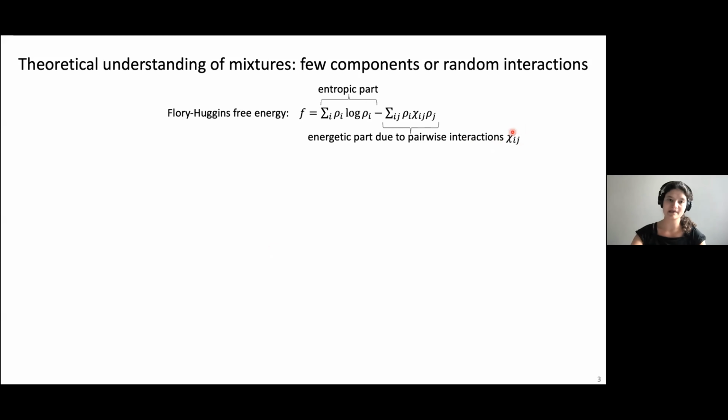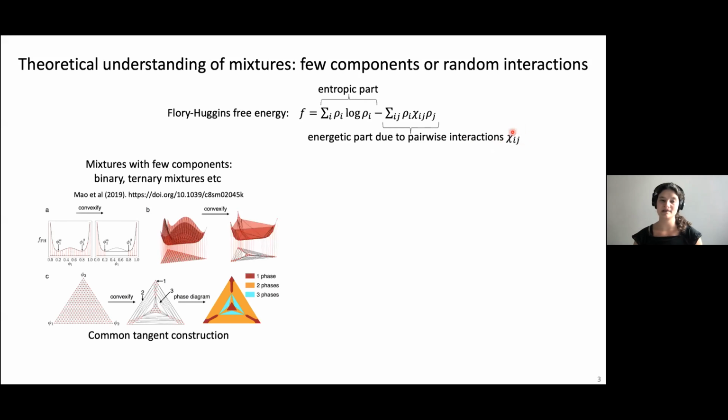There are two limits which are quite well understood. The first is mixtures with only few components, like binary or ternary mixtures. In these cases, the free energy is embedded in a quite low dimensional space, either 1 or 2 dimensional, and it is possible to predict the phase equilibria by what is called a common tangent construction.